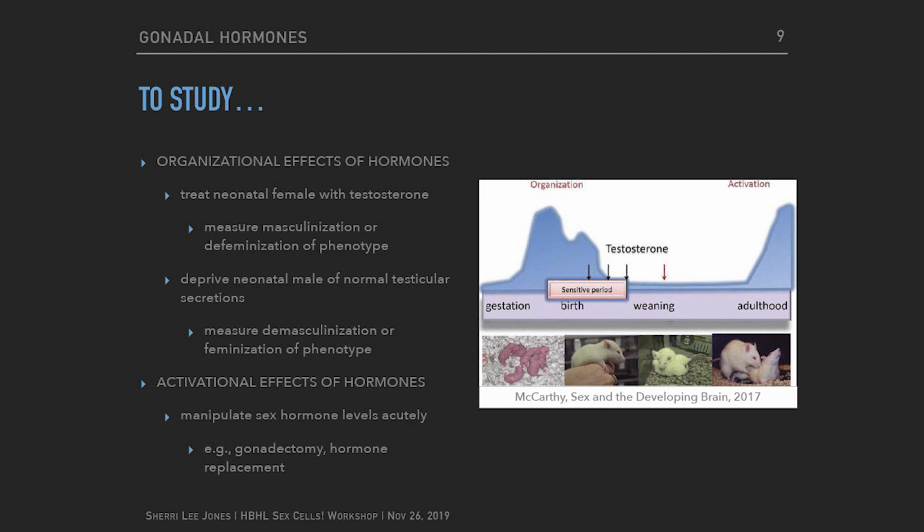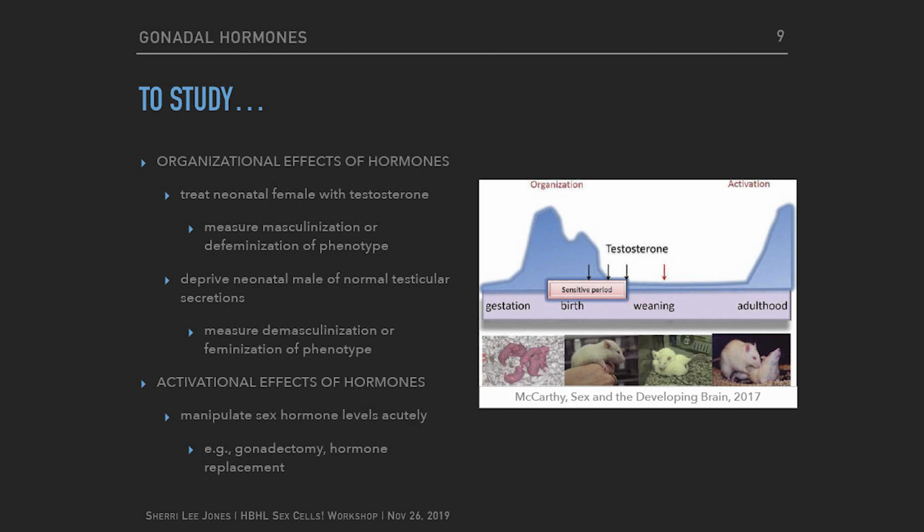So classically, people have studied sex differences on the hormone side of things. You can look at the organizational period, in that early life period, by, for example, treating neonatal females with testosterone, which would masculinize and defeminize them.